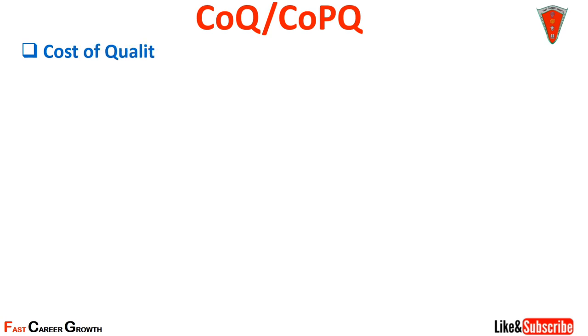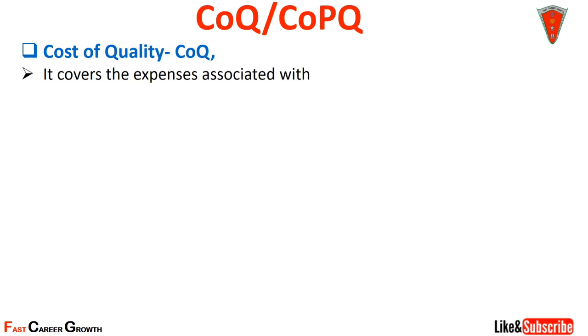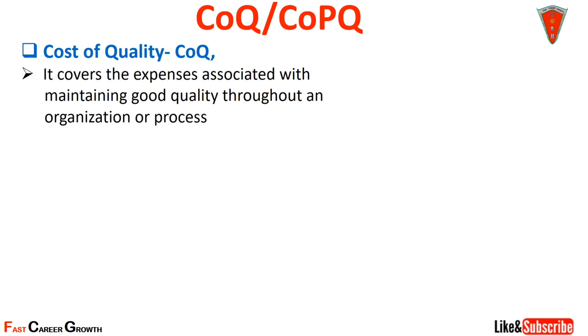Cost of quality, COQ, covers the expenses associated with maintaining good quality throughout an organization or process. So cost of quality is equal to cost of poor quality plus prevention cost plus appraisal cost.